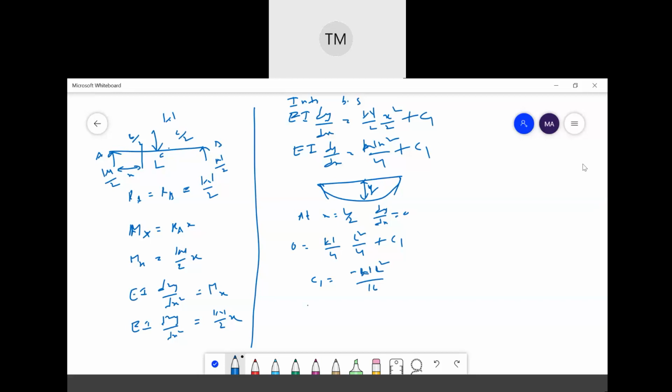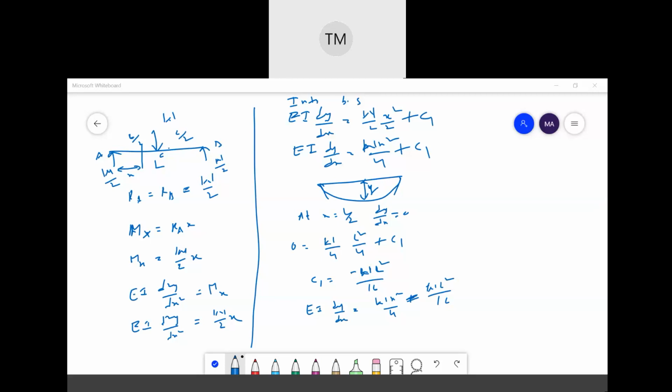When you substitute here, EI dy by dx is equal to WL square by 4 plus minus WL square by 16. Here you want a slope at which point? In the simply supported beam, you have a slope at end points.